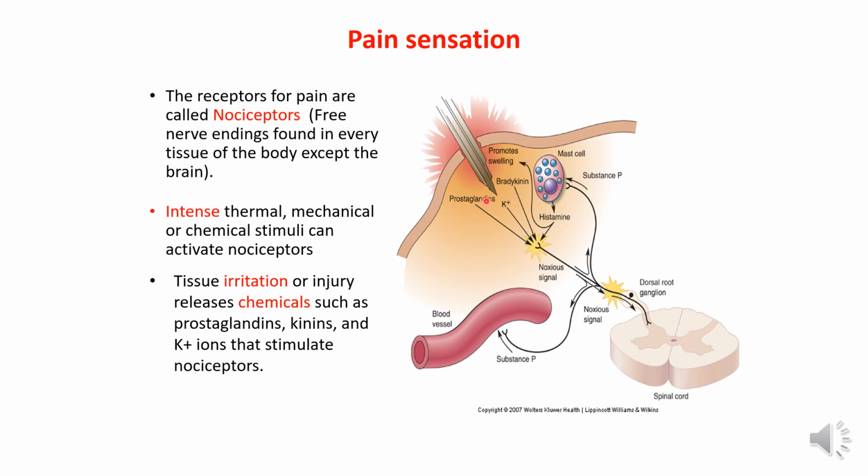It releases chemicals. These chemicals include the pain-producing substances: bradykinin, histamine, potassium. These are the substances that produce direct stimulation of the pain receptors.